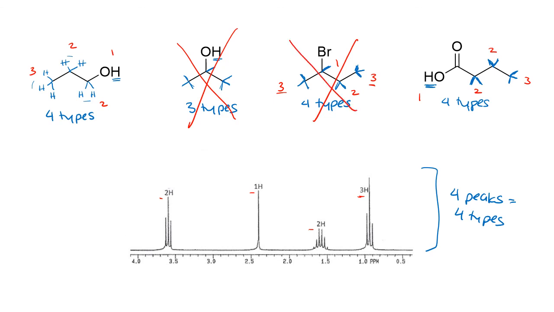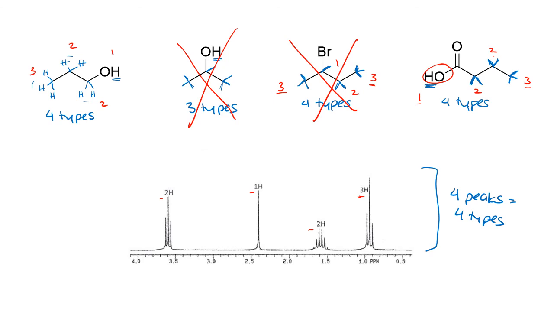Our fourth structure can also be considered because we have 1, 2 sets of 2, and 3. Okay, so now we've narrowed down our possibilities even more. So last, let's take a look at the chemical shift. Now, one of the main points of focus is the fact that we have a carboxylic acid.